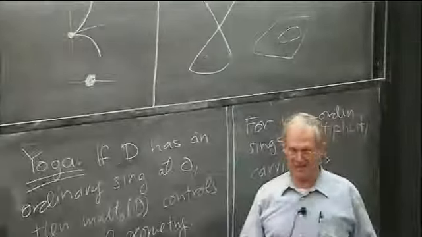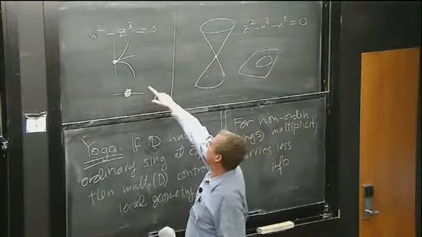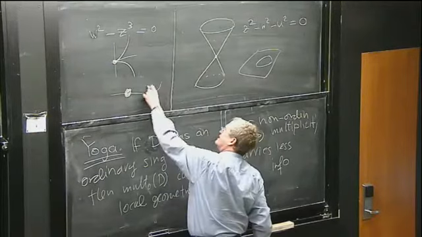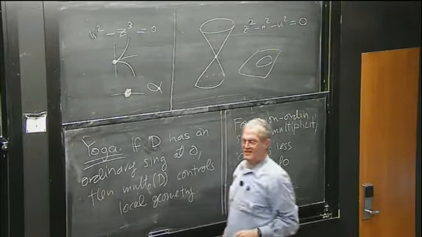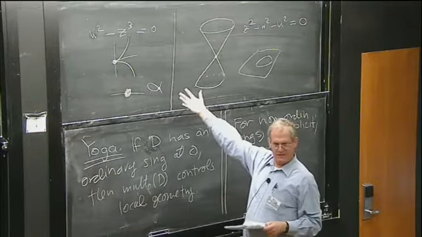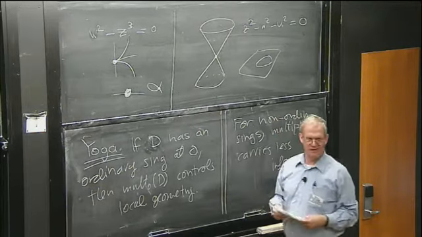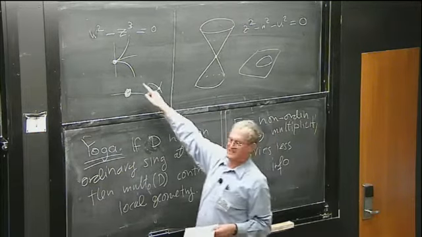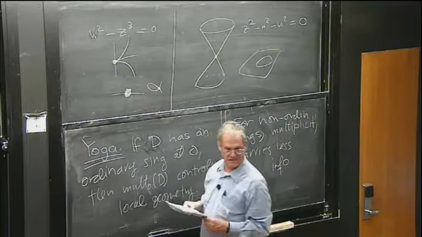The intuition is that this cusp is more singular than this node, but somehow they both have multiplicity two. So we want to find a more subtle invariant that recognizes this as being more singular than that. Okay.